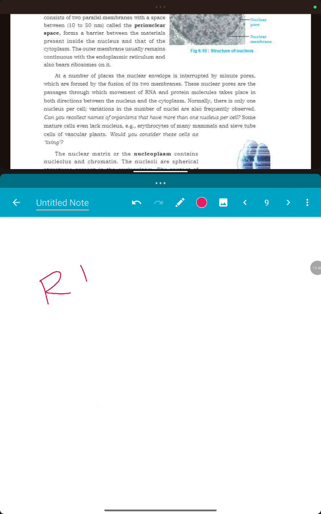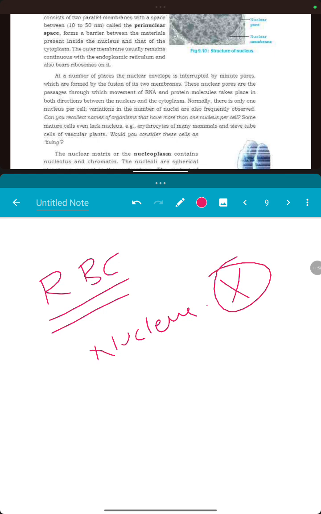In RBC, the red blood cell of a human, the nucleus will be absent, and the sieve tube of mature cells even lacks a nucleus.